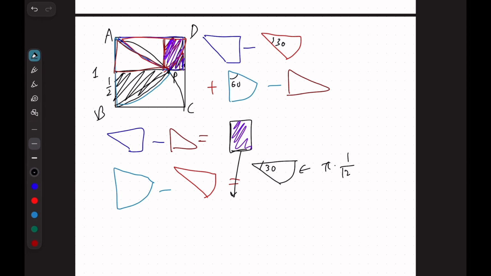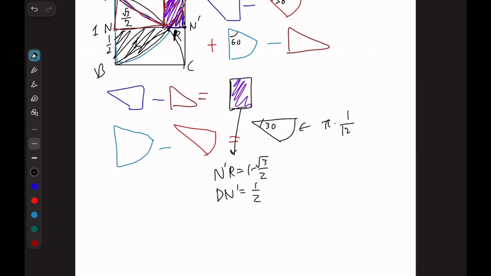This point here, let's call this point R. BR is 1, so this midpoint NR is square root of 3 over 2. Let's call this point N prime. So N prime R is 1 minus square root of 3 over 2, and then DN prime is 1 over 2.